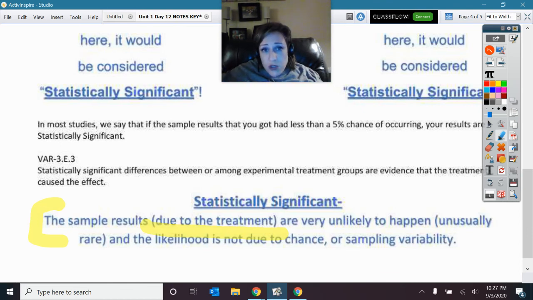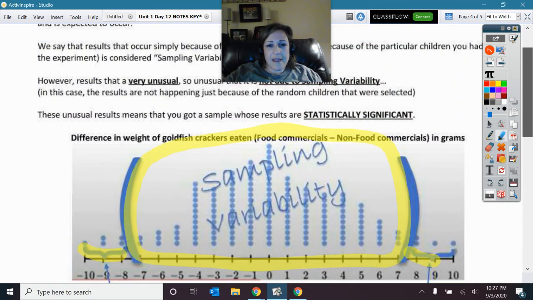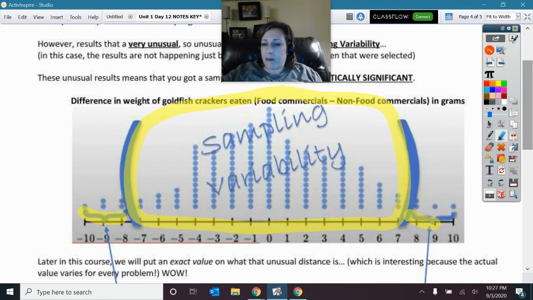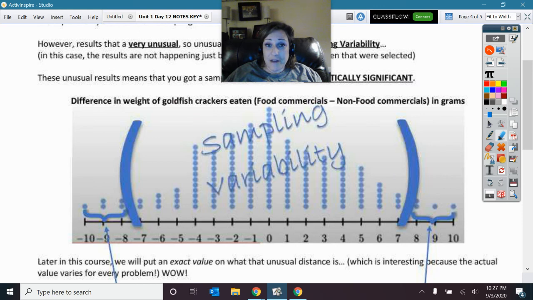The extreme results showed that the treatment had a significant effect and impact on those subjects. All right. So I hope that gives you a visual representation of what is happening with sampling variability and this statistically significant event.